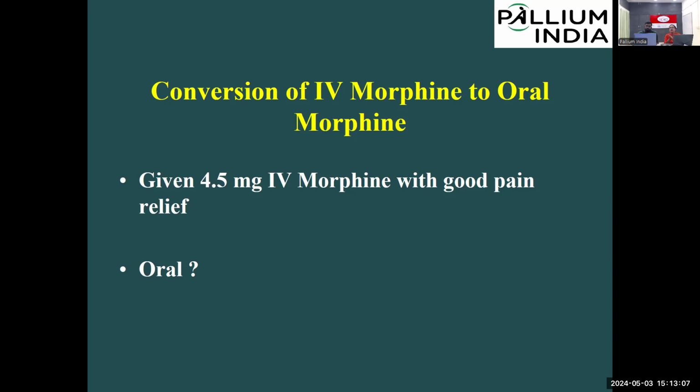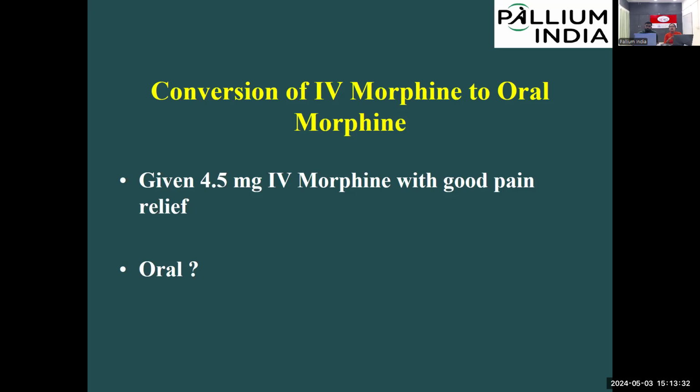The patient can be sent home on 5 milligram of oral morphine. So it is 1:1 conversion for IV morphine titration. After the titration, when we have adequate pain relief, we do 1:1 conversion to oral dose.